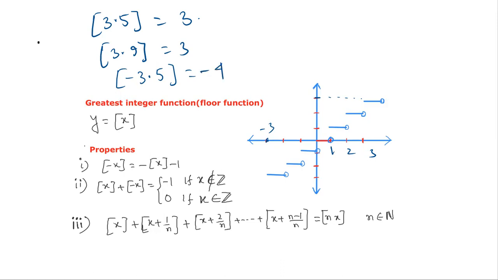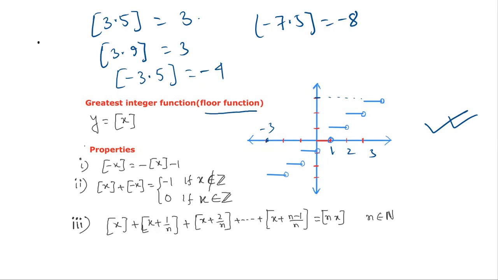Okay. If you take minus 7.5, this will become minus 8. This way you can plot the graph on graph paper and you will get this kind of graph. This is the graph you have to remember. This greatest integer function is also known as the floor function.